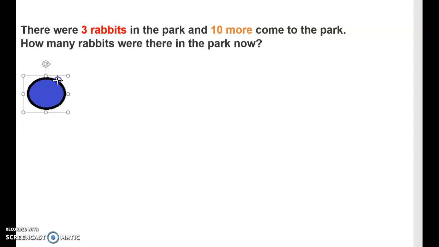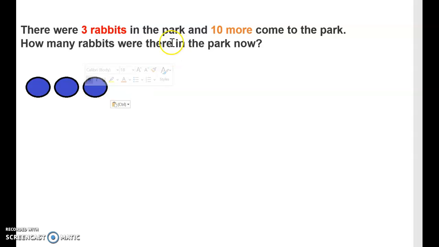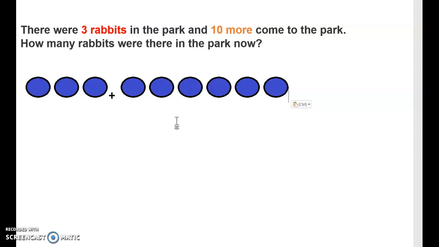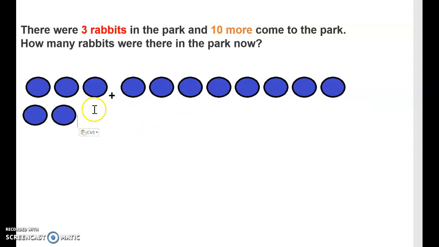So I had how many counters? 3 counters. So I'm going to put 3 counters. Okay. And then it says there were 3 rabbits in the park. So I showed 3 rabbits and 10 more come to the park. So I'm going to put a plus sign in between them. And then I'm going to count 1, 2, 3, 4, 5, 6, 7, 8, 9, 10. Okay.